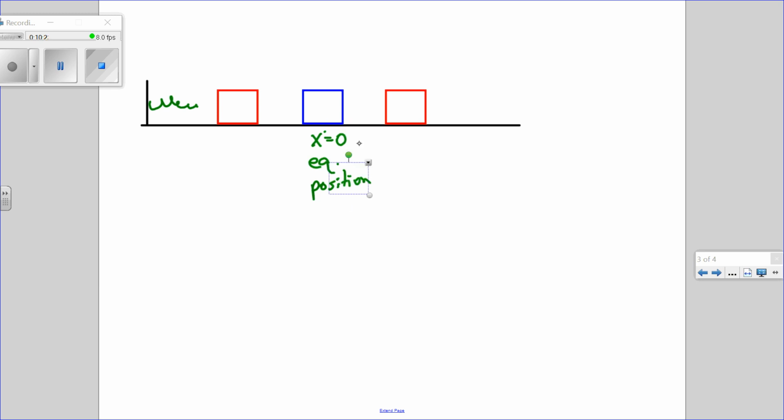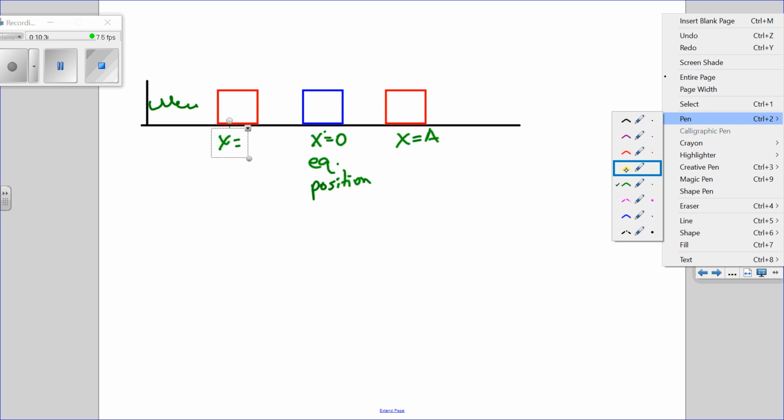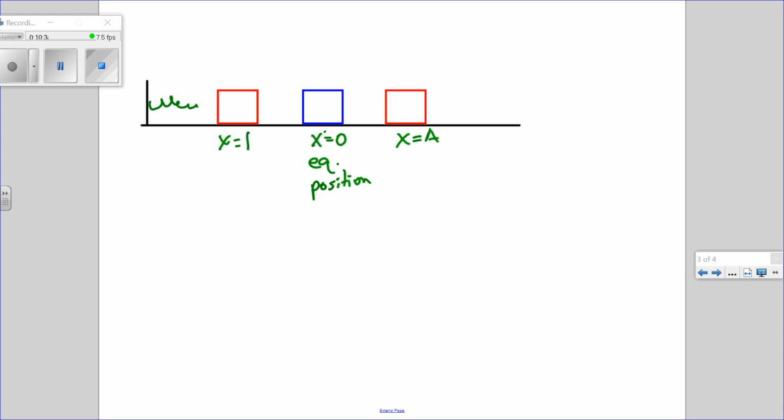Okay, and so if that's the case, this is our amplitude here. We'll label these A. If we say this is positive A, this would maybe be negative A. Again, you can decide.